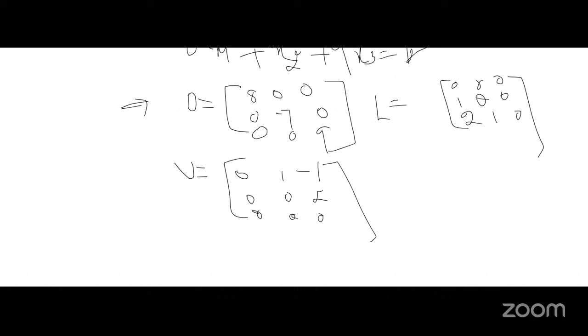So we discussed this previously, no? LDU. If you are adding, A equal to L plus D plus U, we are getting the same thing: 8, 1, -1 and next 2, 1, -7, 2.